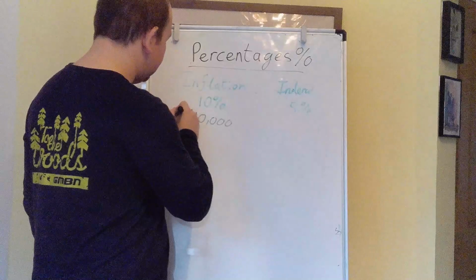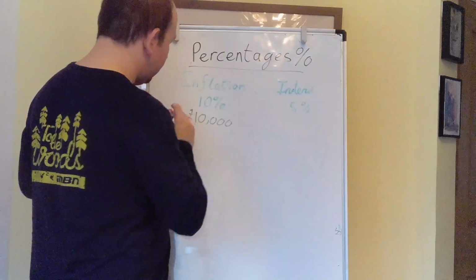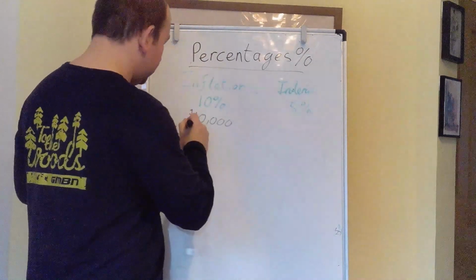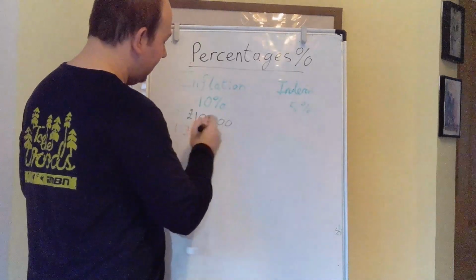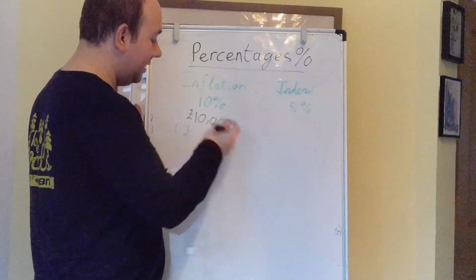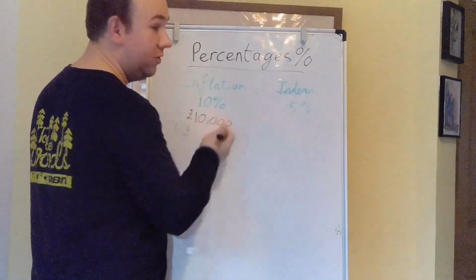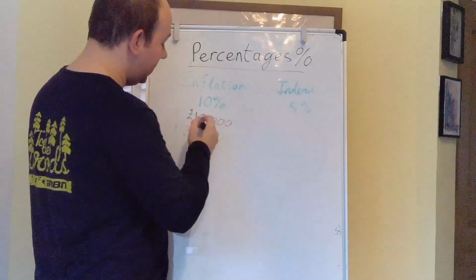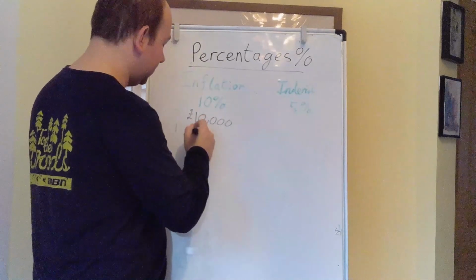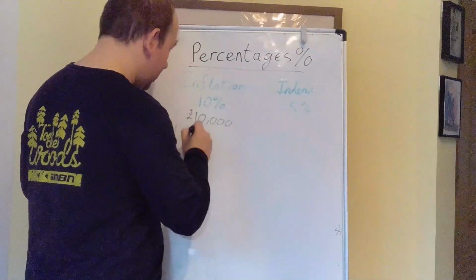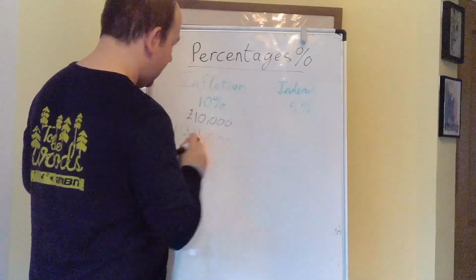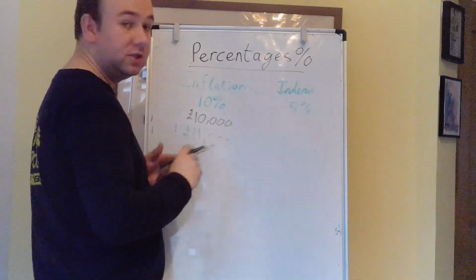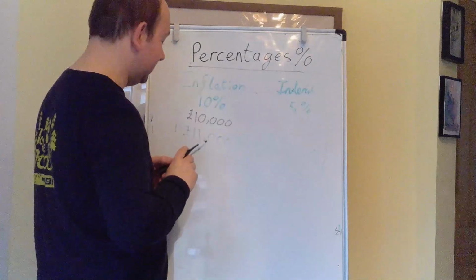So this is year 0. After 1 year, you need 10% more in the pot. So it's going to go up by £1,000. So after 1 year, you're going to need £11,000 to buy your 10,000 Mars bars.